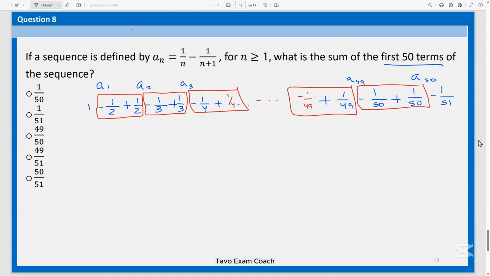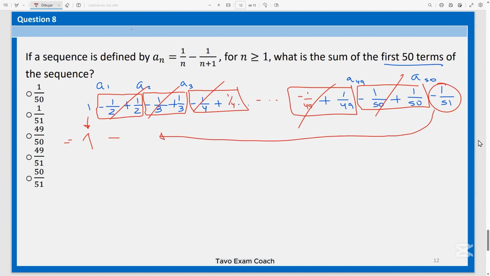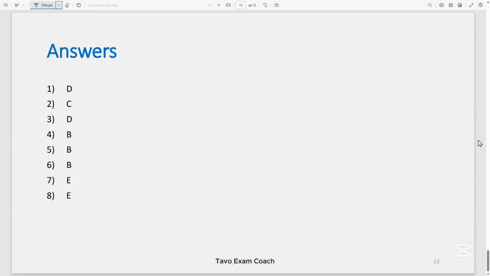So in the end, when we do the sum, all of these pairs will get canceled, leaving us with just one, this part, and this term, which is not actually canceled. So 1 minus 1 over 51. Okay, if we do the operation, we get the value of our sum. Last answer choice. Well, that's it. This is the last example of this lesson. Let's move on to our lesson 14.